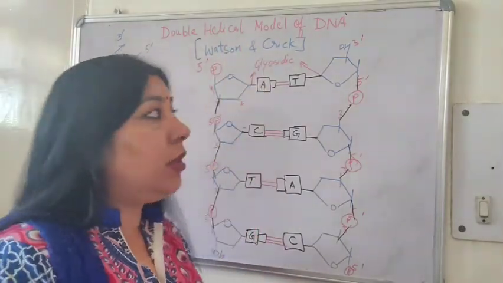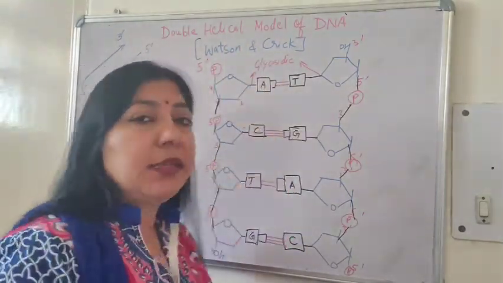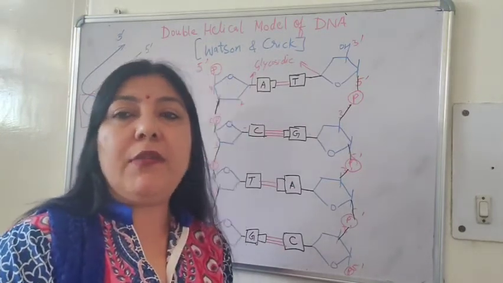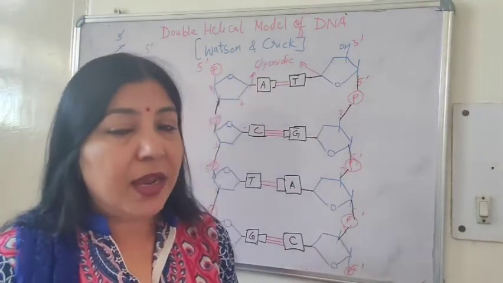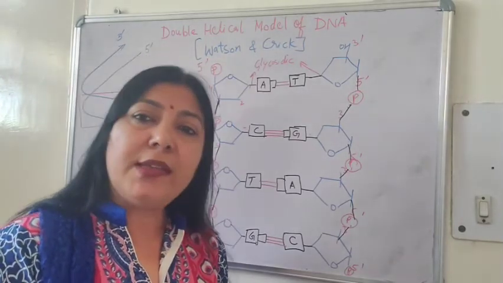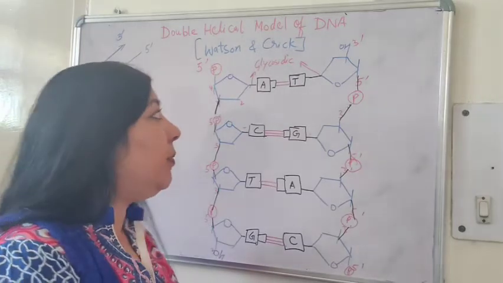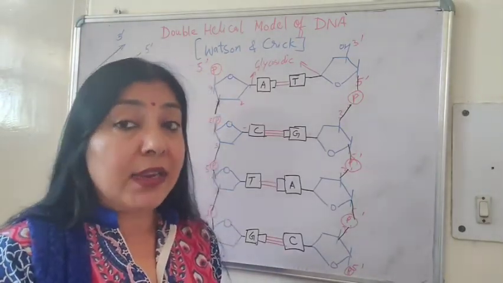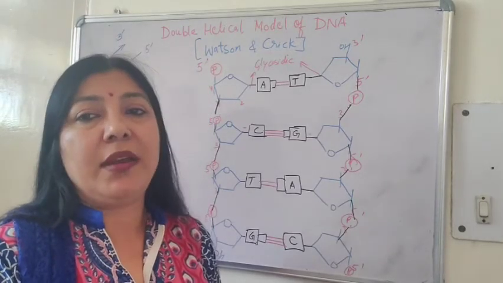When we talk about the nitrogen bases, present in DNA will be ATCG, adenine, thymine, cytosine and guanine. Whereas in case of RNA, it will be AUCG, adenine, uracil, cytosine and guanine.